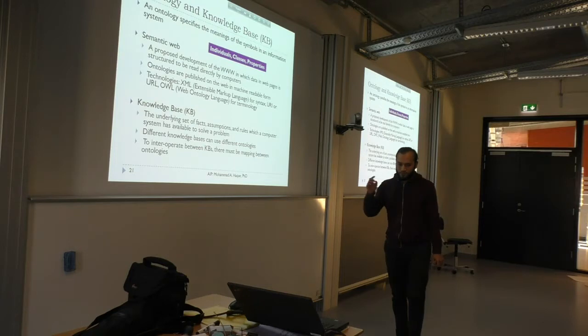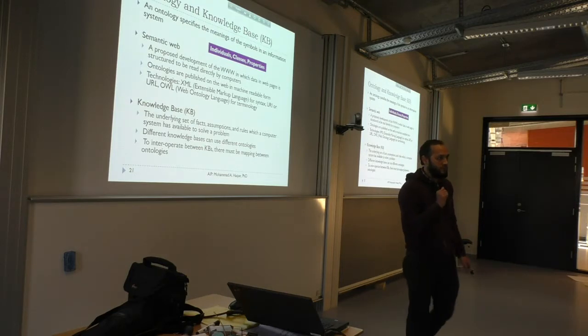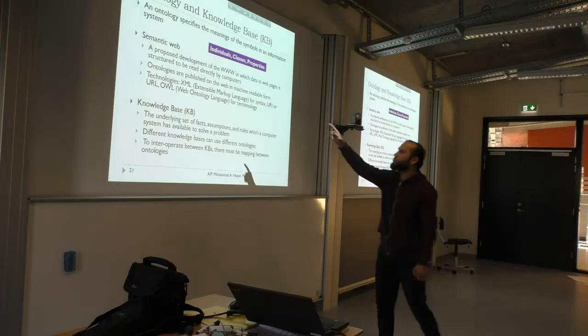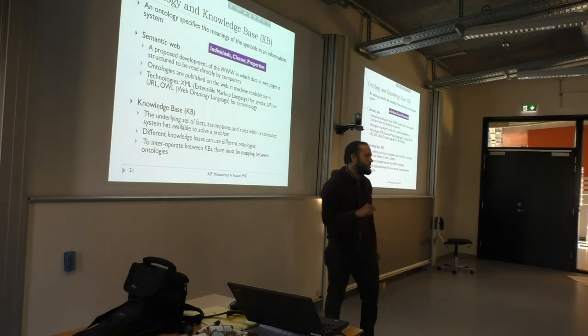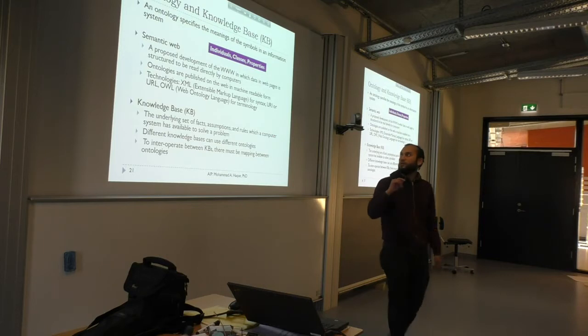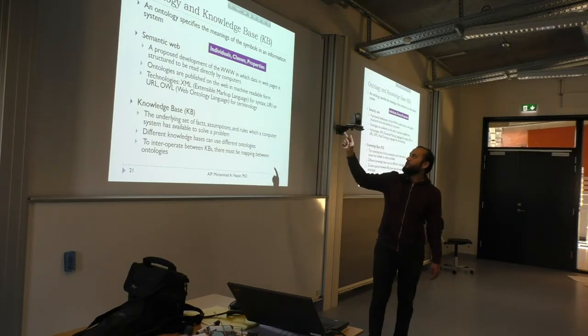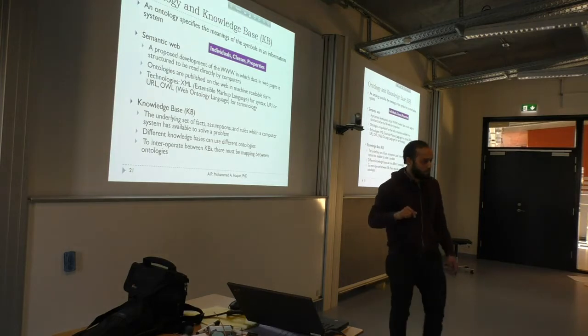You can get a good example of using this kind of semantic net and these kinds of concepts in the semantic web. If you search in Google, you will get a lot of details about this one. What is the semantic web? It is just a proposed development of the WWW system, I mean the World Wide Web.